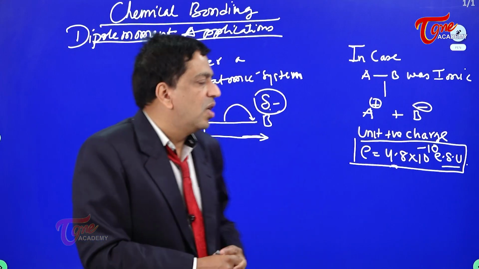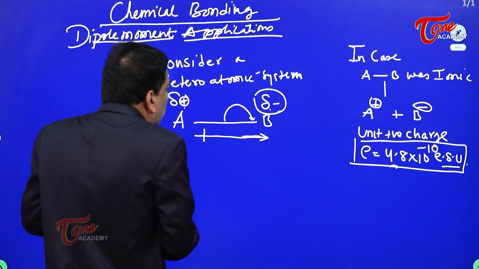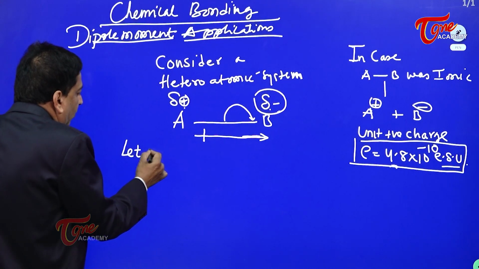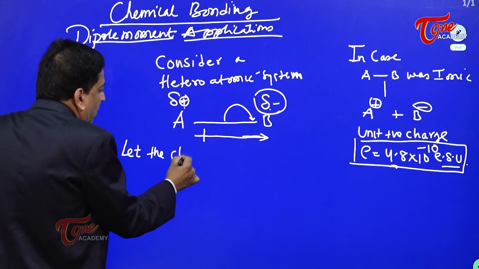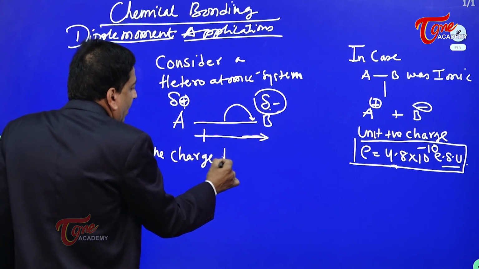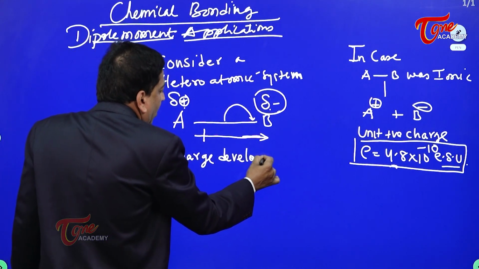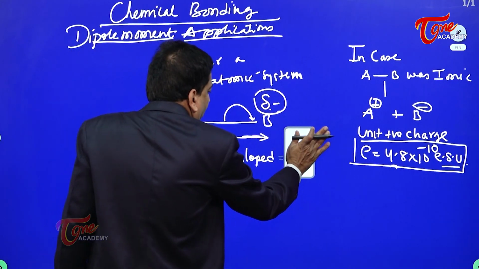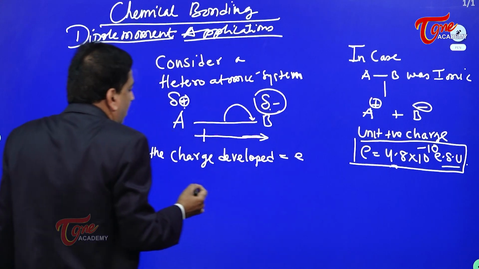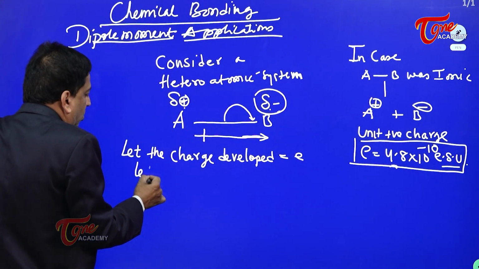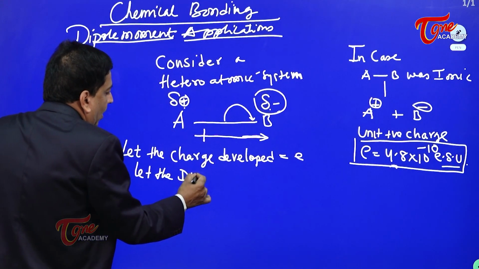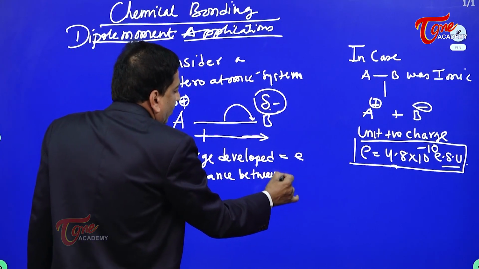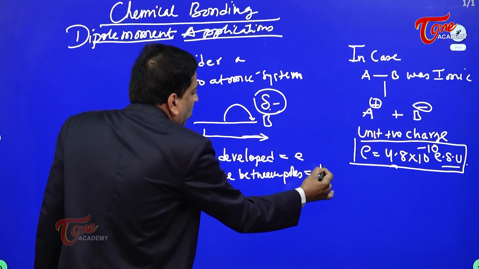If this is the case, then there is something to measure. So what I will do, let the charge developed be e. Let the charge developed be e, right? And let the distance between poles be d.